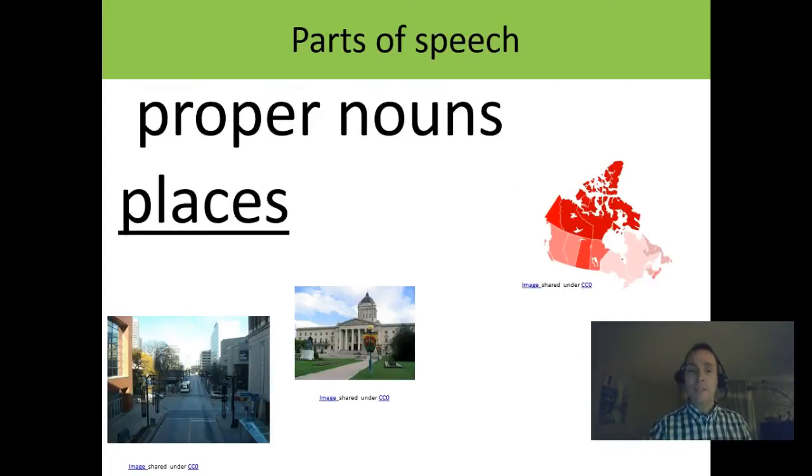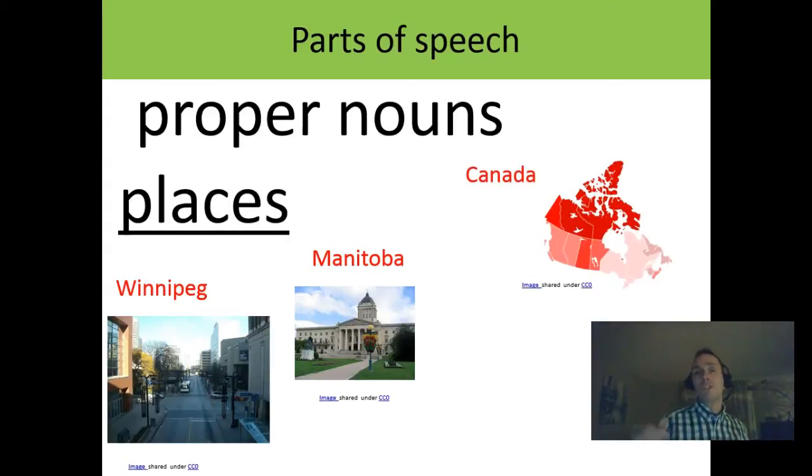But if we take the city and we give it the name Winnipeg or Toronto or Vancouver or Mexico City, these are now proper nouns. The province, if we give the name Manitoba, that's now a proper noun. Or if we give a country name such as Canada, Germany, Russia, those are now proper nouns.